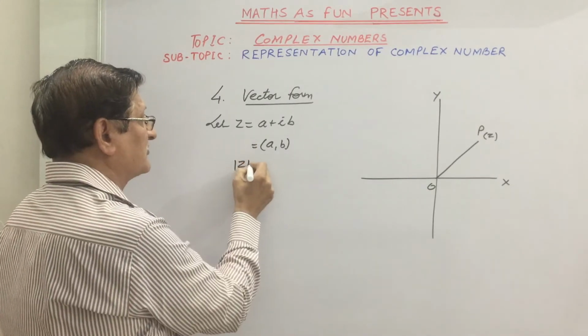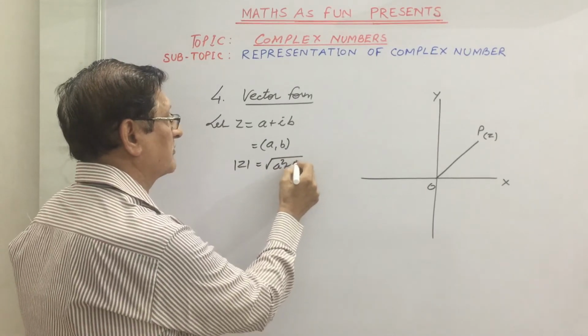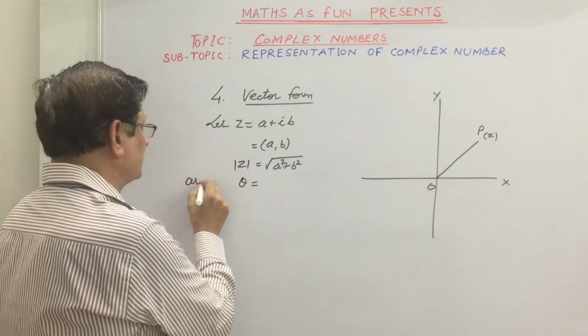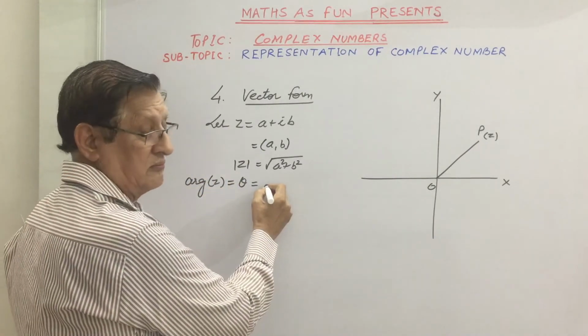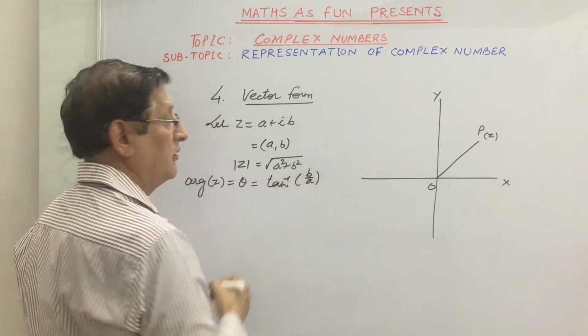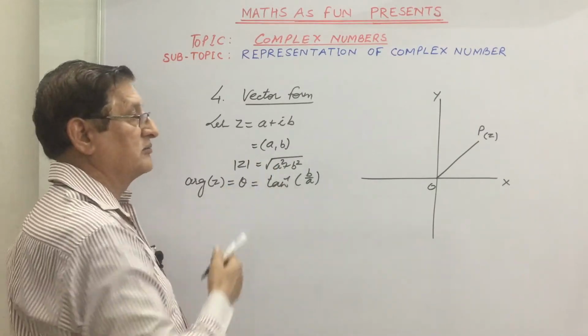One is modulus of Z, which is root of A square plus B square. One is the direction theta, that is argument of Z. That is the direction. That is tan inverse B by A. What we have? The length and the direction.